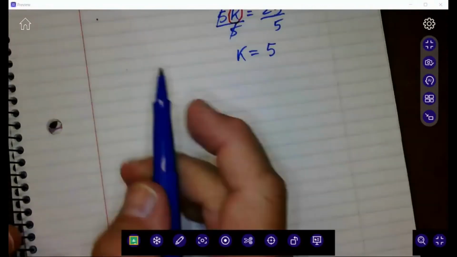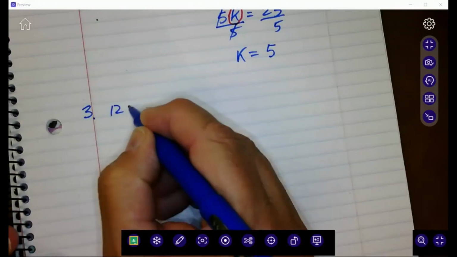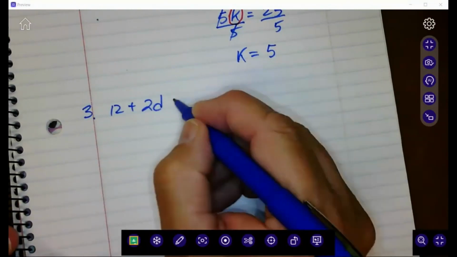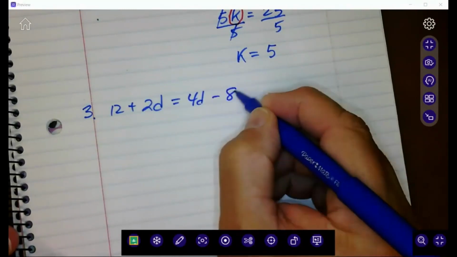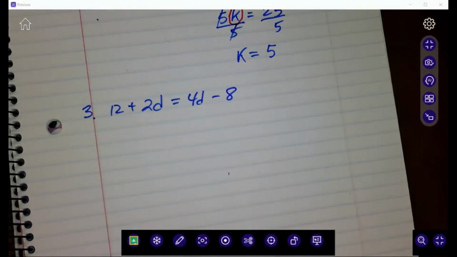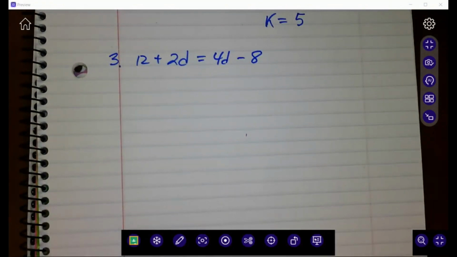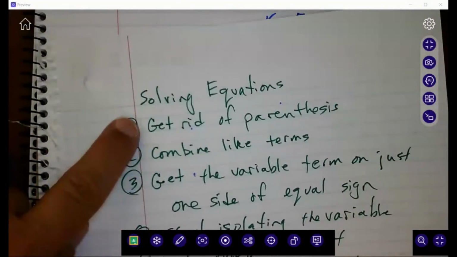All right, let's look and see what happens to number 3. On number 3, we have 12 plus 2d equals 4d minus 8. We do not have any parentheses.